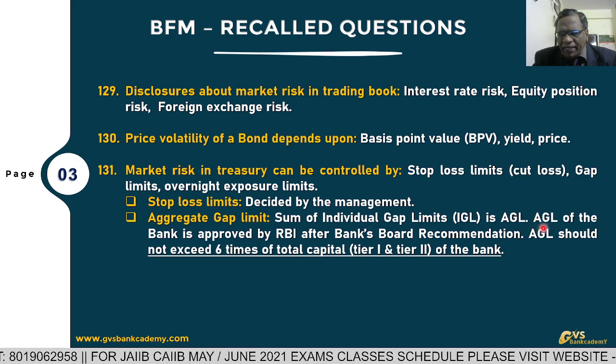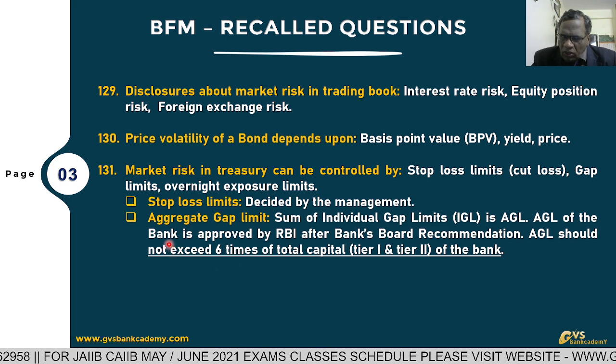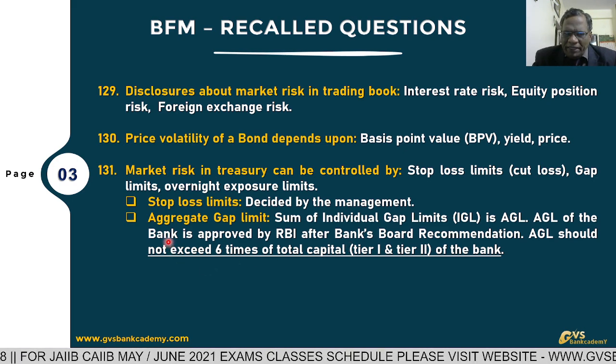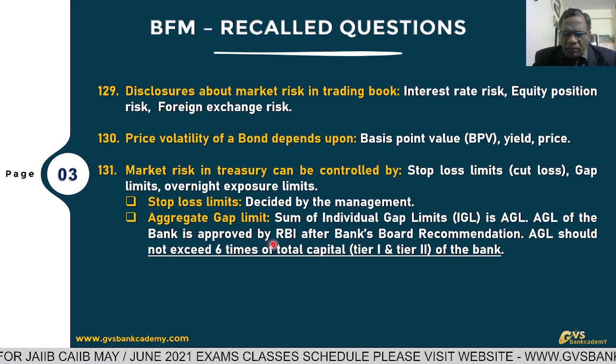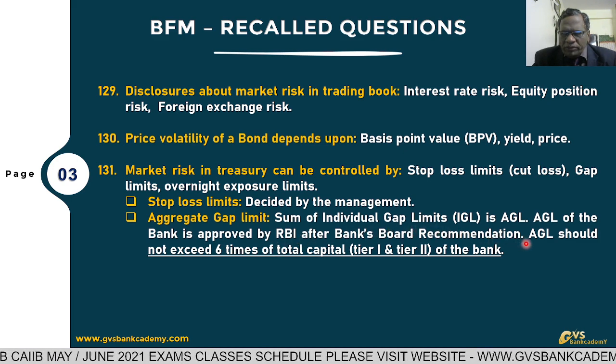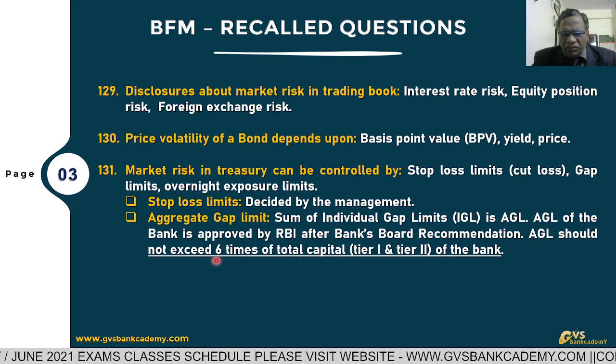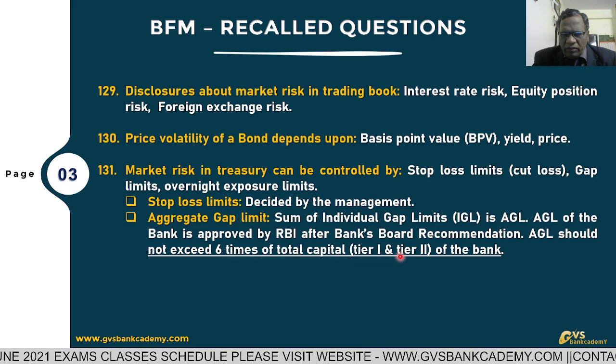The AGL, aggregate gap limit, means the total gap limit of all the foreign currencies which the bank is dealing in, approved by RBI after board recommendation of the bank. How much can a bank take? The aggregate gap limit should not exceed 6 times of the bank's total Tier 1 capital.